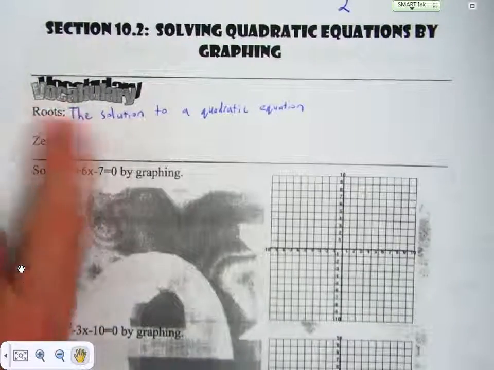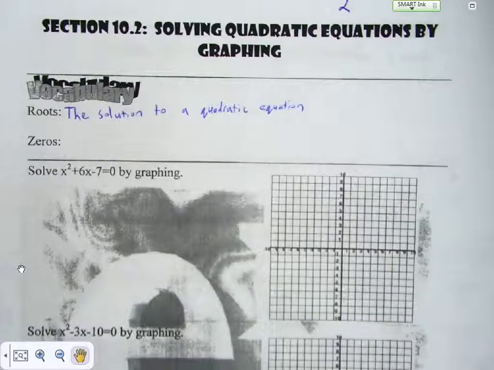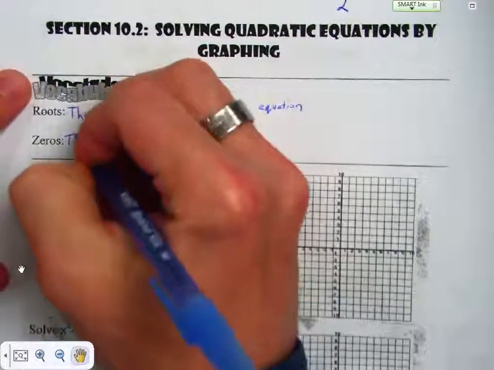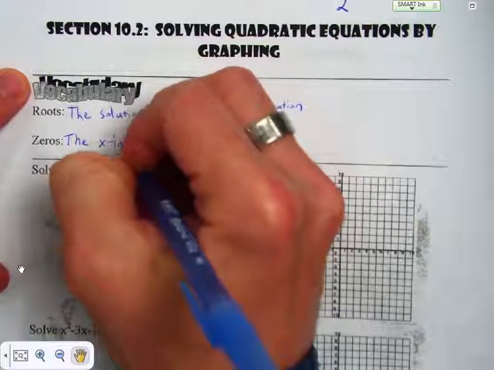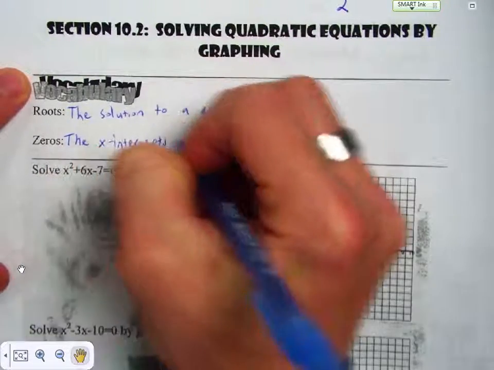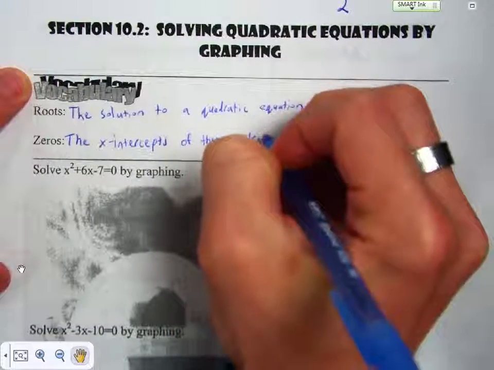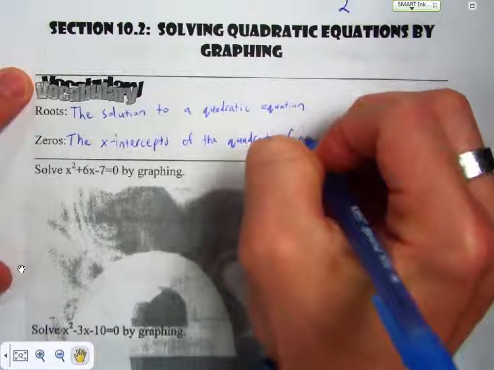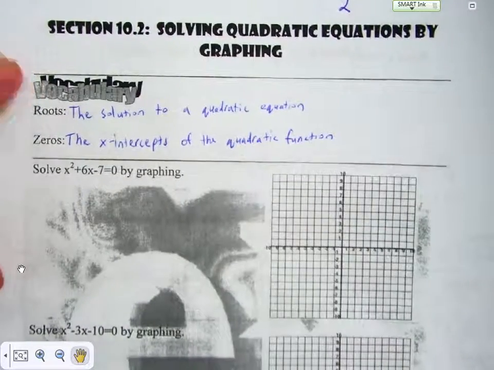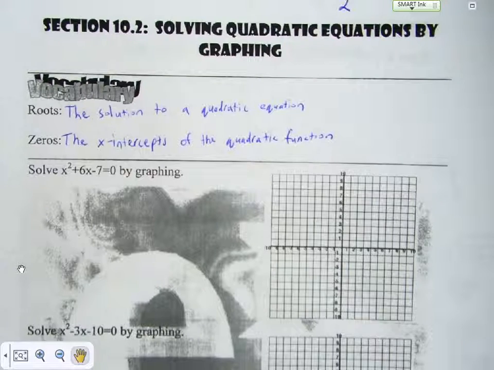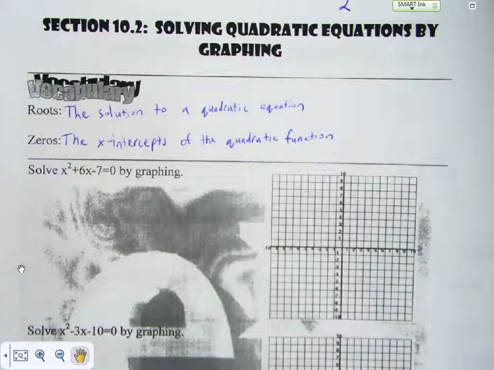They're interchangeable. The answers. The zeros are the x-intercepts of the quadratic equation, or a quadratic function, I'll say. I'll tell you right now that these two things, roots and zeros, are almost going to be pretty much interchangeable.